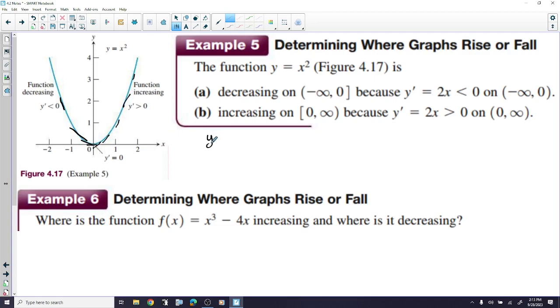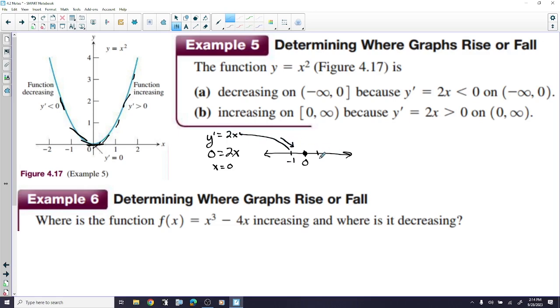Well, if we take the derivative, it is 2x, and we set that equal to 0. In other words, where is it neither increasing nor decreasing? Well, that happens to be at x equals 0. So now if we put that on a number line, 0, and we plug in some test points, let's say negative 1, and we test that point in the derivative. The derivative is negative, so this must be a decreasing function here.